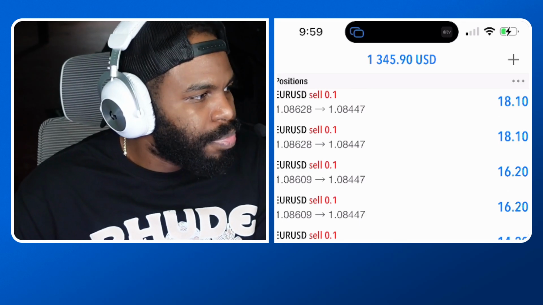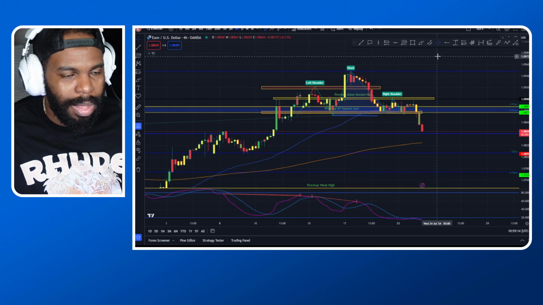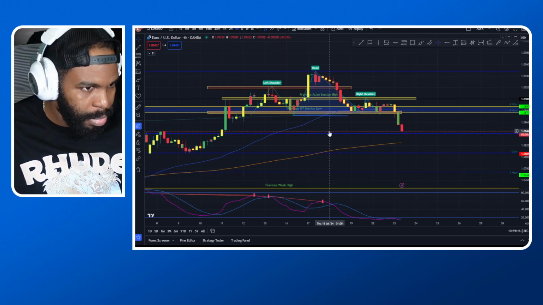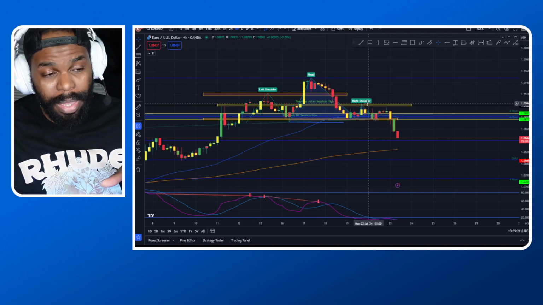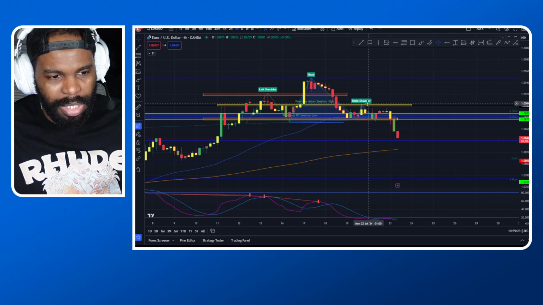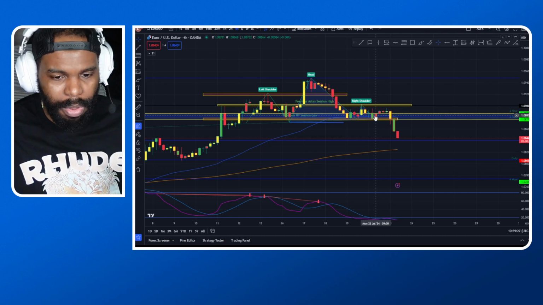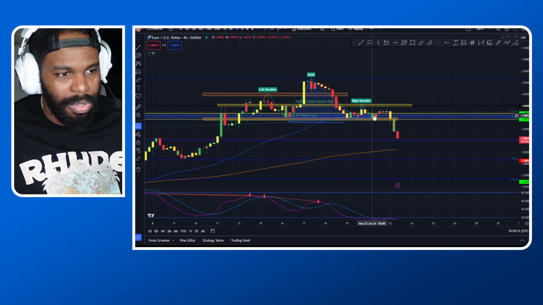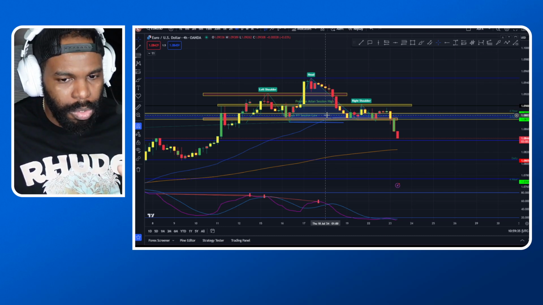Okay, so let's go to the reason why I took this trade. Yesterday I posted a video, and I told you guys I saw a head and shoulders pattern. And by the way, this is one of Fxalexg's favorite reversal candlestick patterns. If you pay attention to Fxalexg, you'll know that the head and shoulders pattern is his favorite reversal candlestick pattern.